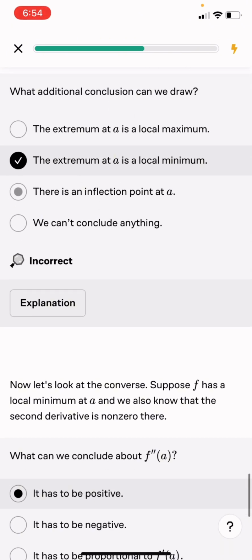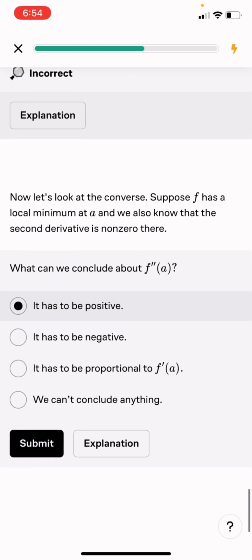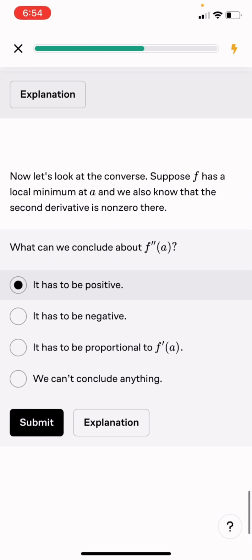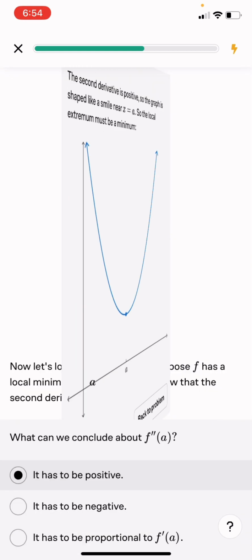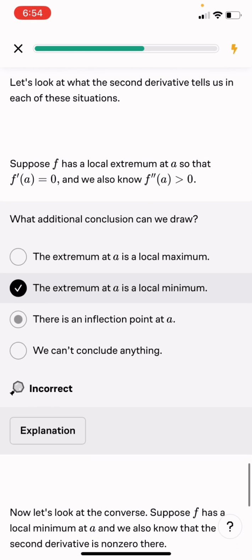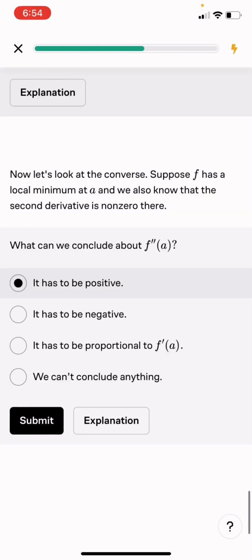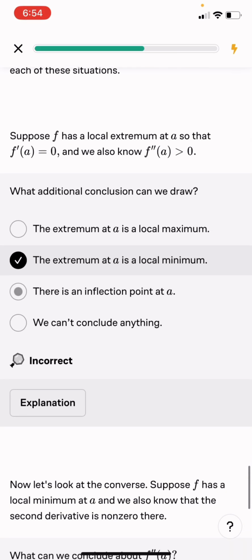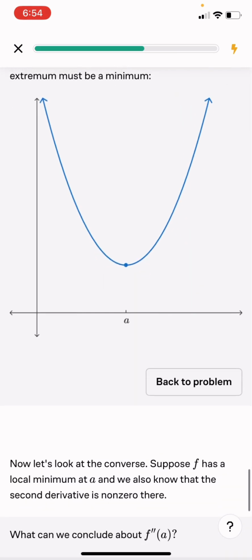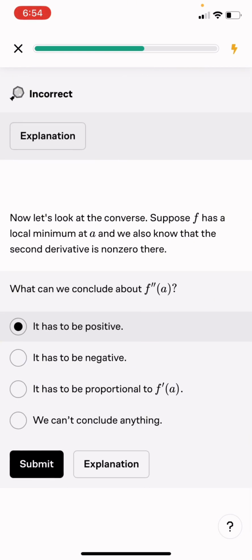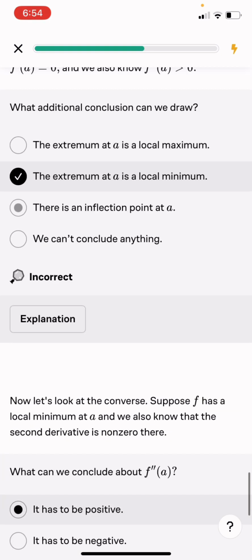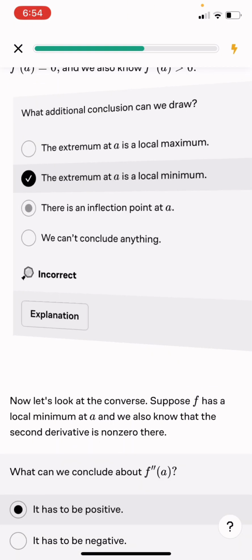Okay, good. Since f has a local minimum at a, the graph is shaped like a smile there. The local minimum, f of a, is at the bottom of the smile. The tangent line is horizontal there, so f prime a equals 0 as we expect. Just to the left of the minimum, the tangent line slopes are negative. Just to the right, the tangent line slopes are positive.